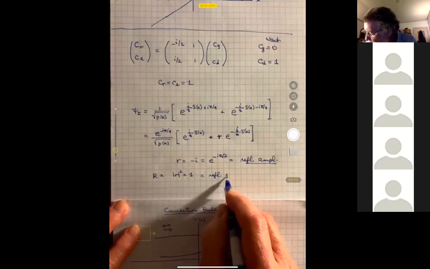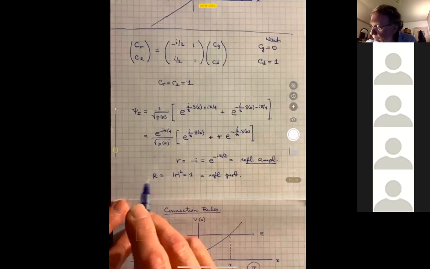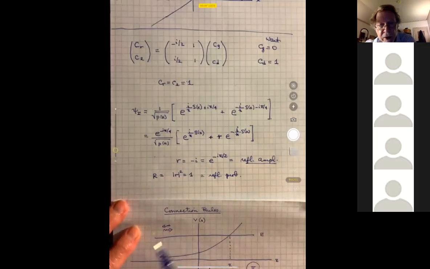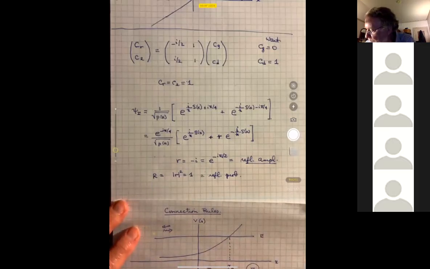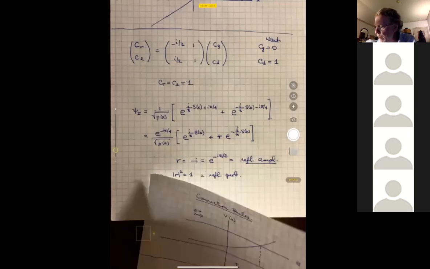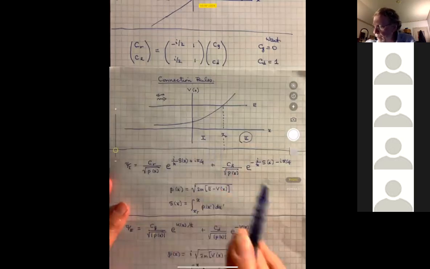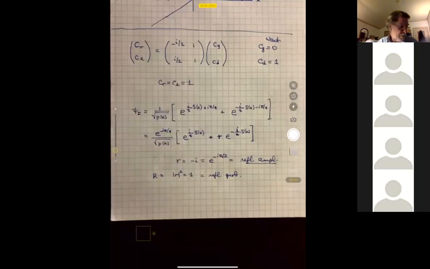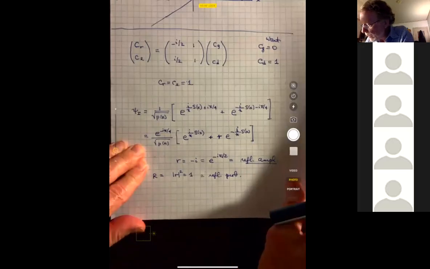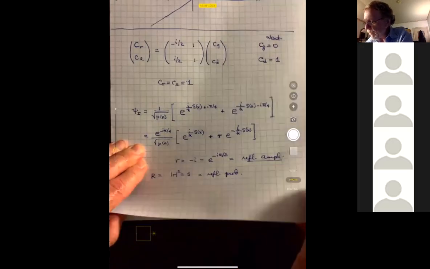And the reflection probability is equal to 1 here because all the particles you send in get reflected back. It's a trivial problem in that sense. Now, so that's really all there is to solving this problem by WKB theory. It's not really very profound, but there's an interesting point that I want to make about this.